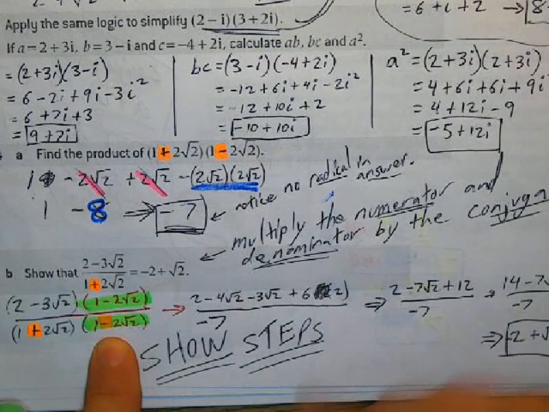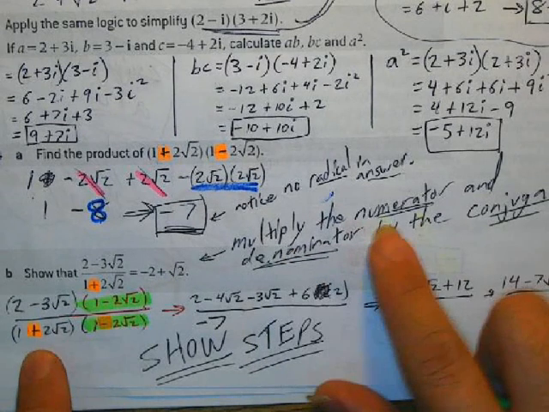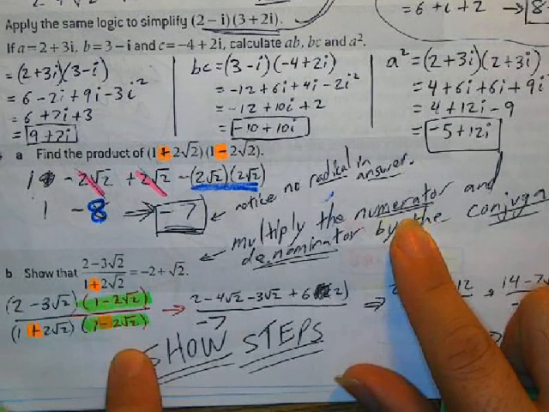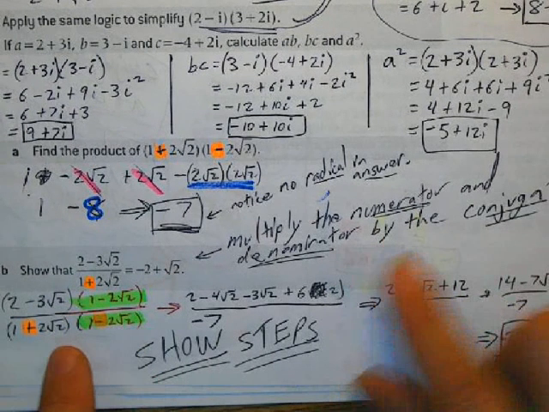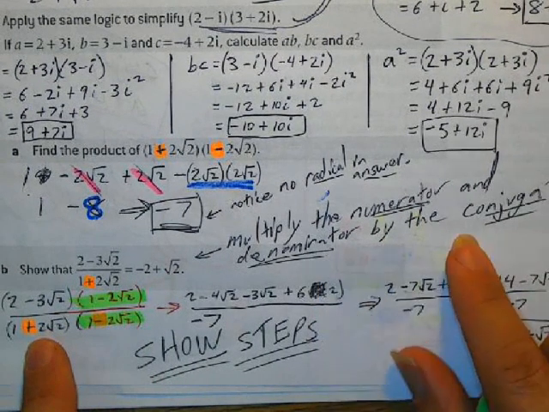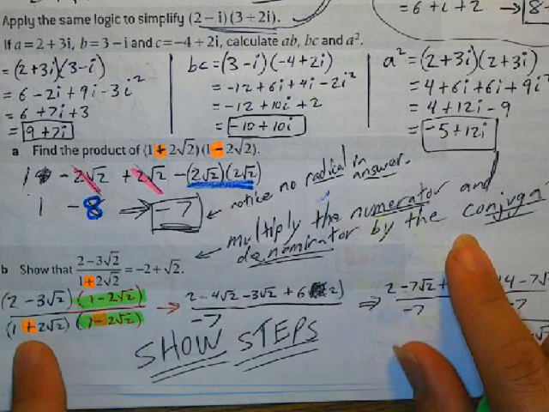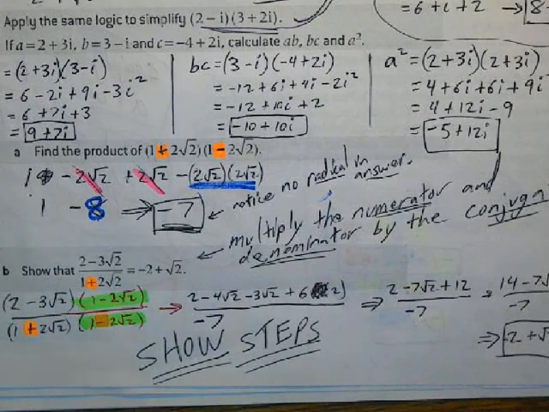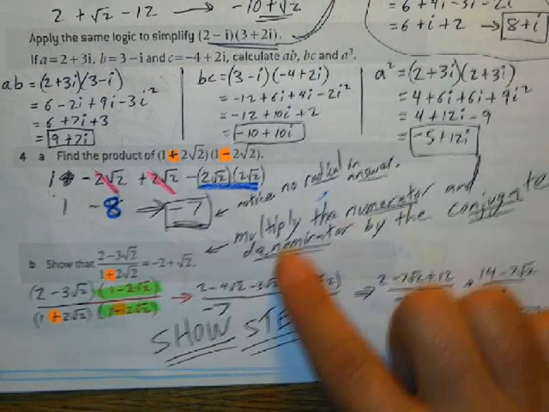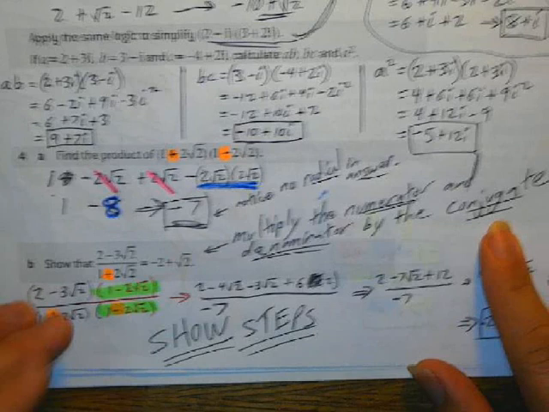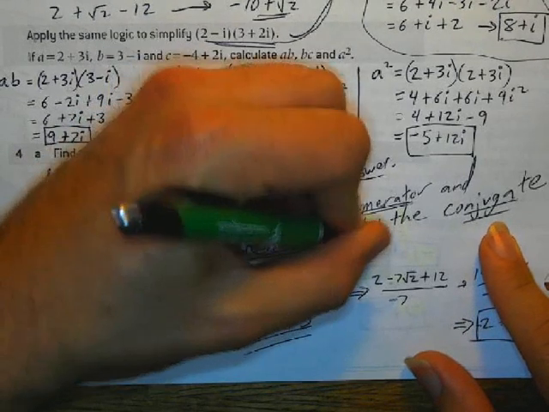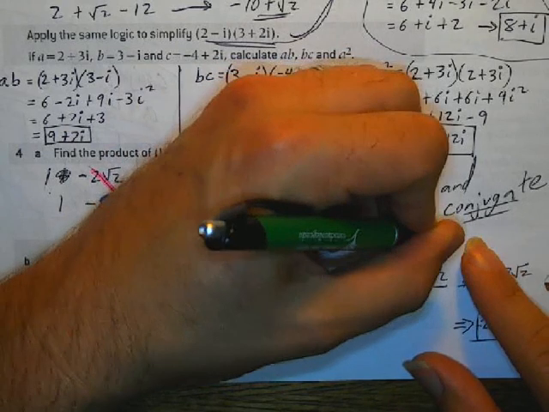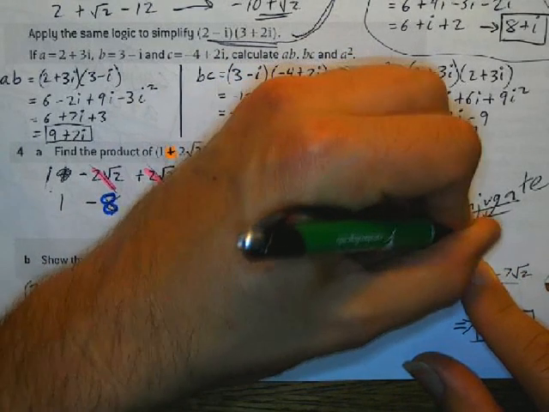So we're going to multiply the top and bottom of this equation by the conjugate of the denominator. This isn't quite complete yet. So we're going to multiply the numerator and denominator by the conjugate of the denominator. That part is important, isn't it?